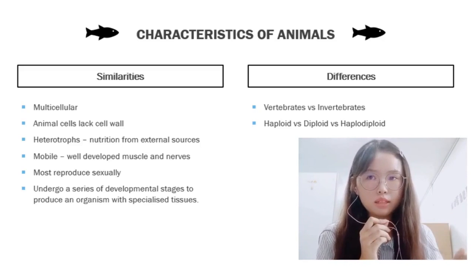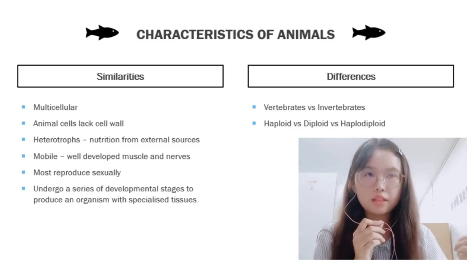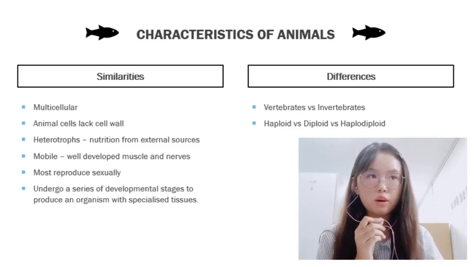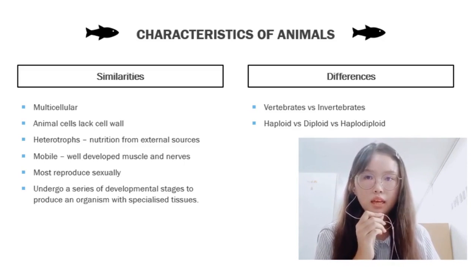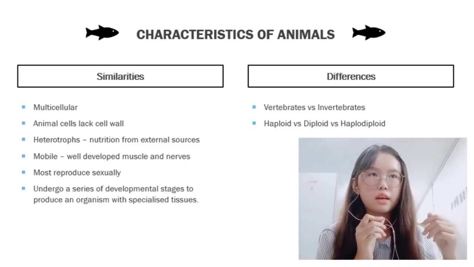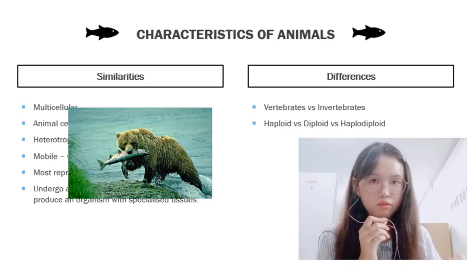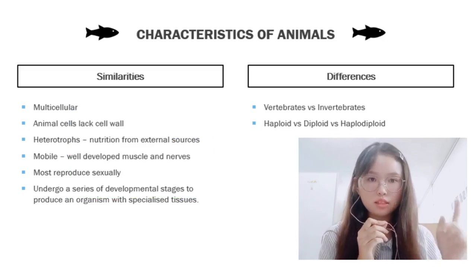Next, animal cells lack a cell wall, because cell walls are only present in plant cells. All animals are heterotrophs, which means they acquire their nutrition from external sources, not producing it by themselves through processes like photosynthesis.